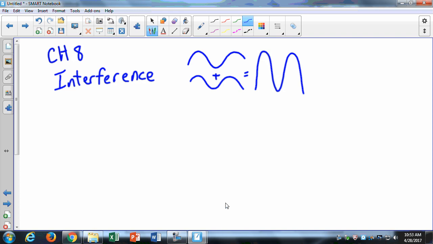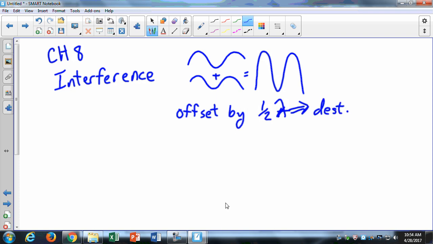And then destructive is when they're offset by a half wavelength. Know that those offsets by a half wavelength give you destructive interference, and be able to identify that.